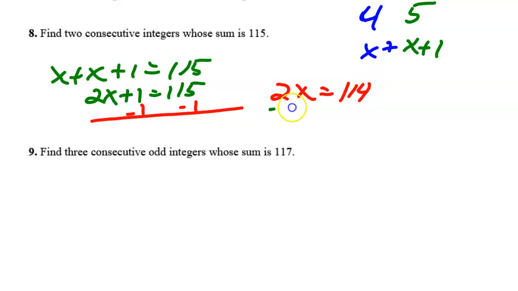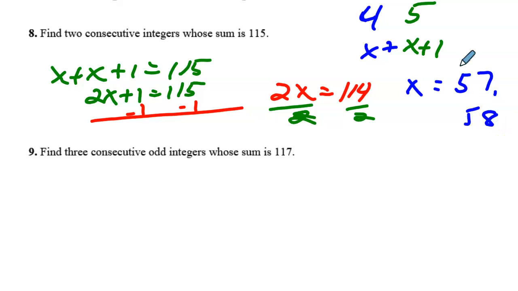Divide both sides by 2. And we end up with our first number x equals 57. But they want 2 consecutive integers, so we're going to add 1 to that, and it's going to be 58 as well. So that's our answer: 57 and 58.